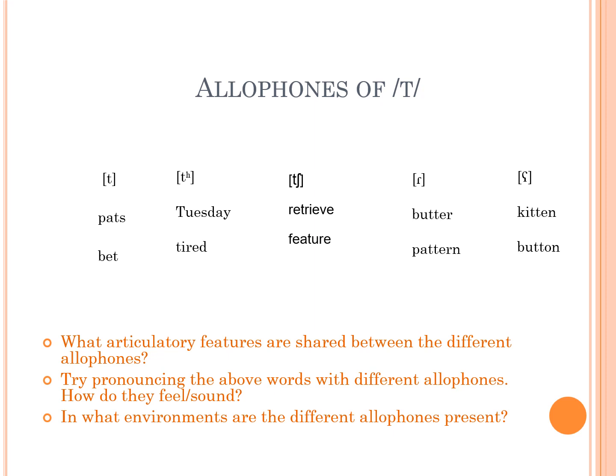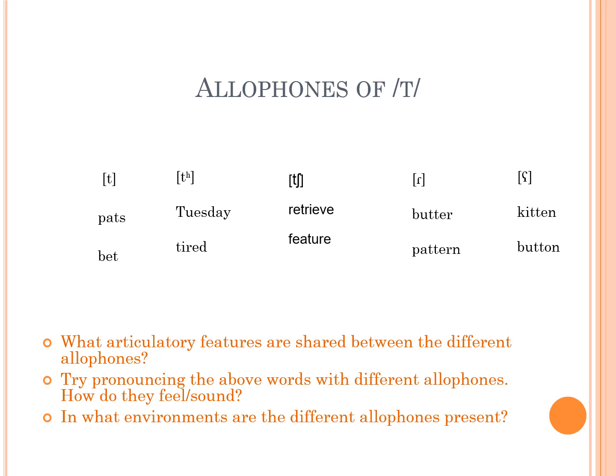But again, when I say feature, you really hear it as a t sound, because that's the phoneme. Butter, pattern, most of us do a flap there, unless you're English, you might say butter. Kitten, button, we have what's called a glottal stop. So that way back at the glottis, there's a little stop there. But again, we hear that as a t.